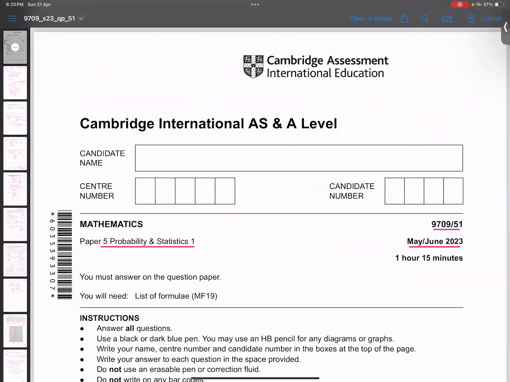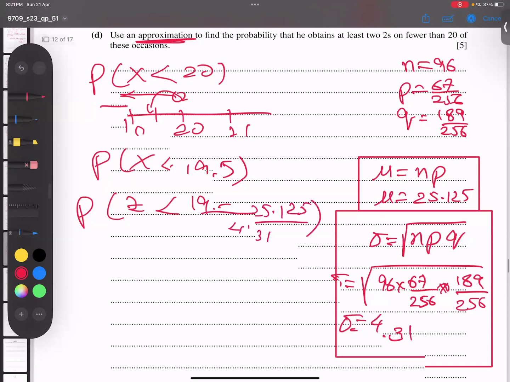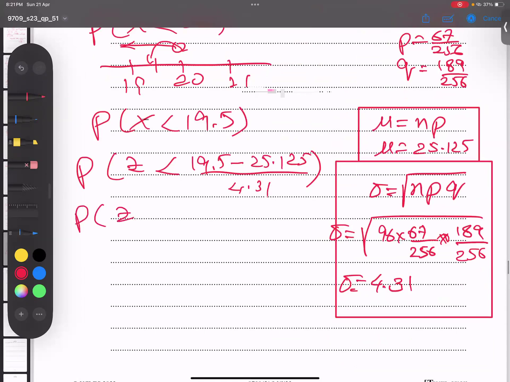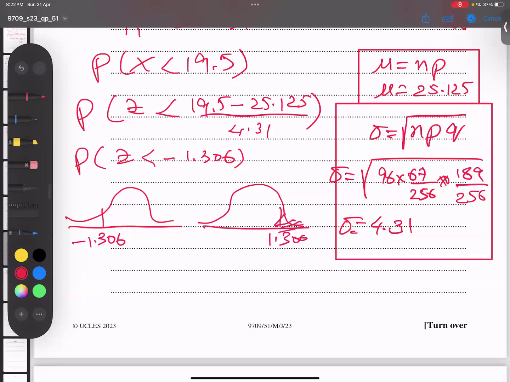Hold on. Okay, wait a minute, please. Sorry, students, there's a slight interruption because some problem came in the system. Let me write 25.125 once again. The value is negative 1.306, and the area for negative 1.306 and the area for 1.306 are the same. So we do 1 minus phi of 1.306.